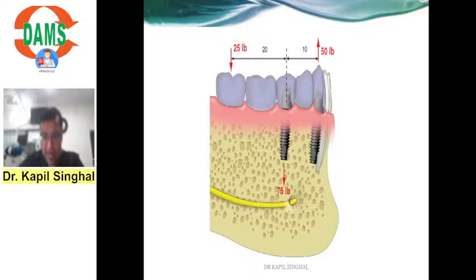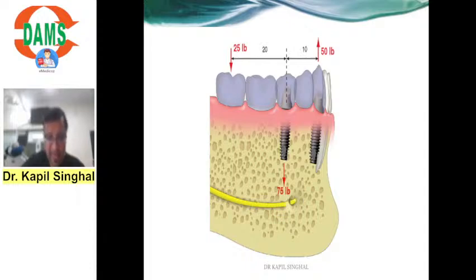Why do we not give a cantilever? They can give you this equation in exam because there is a principle known as mechanical advantage. So they can ask you a question, what is the mechanical advantage for implants? They will give you an equation and ask what is the mechanical advantage for this condition. So mechanical advantage is the distance of the cantilever arm divided by the distance between 2 implants.